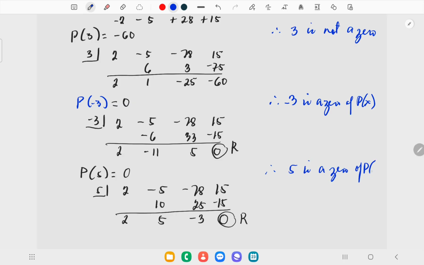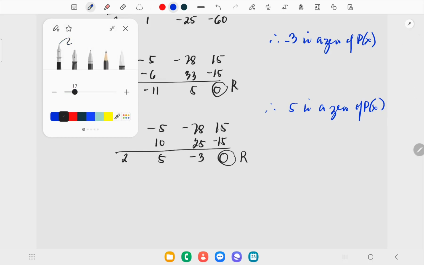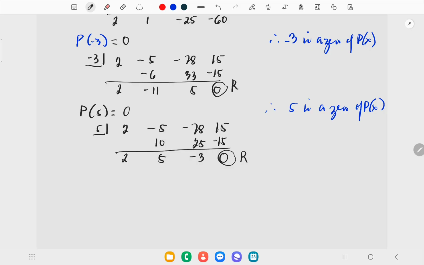Okay, let's check the next one. Say we're also going to check for 1/2. So we check for 1/2, P of 1/2. By evaluation or by synthetic, let's do it by synthetic. So that's 1/2, and we have still the first row 2, -5, -28, 15.